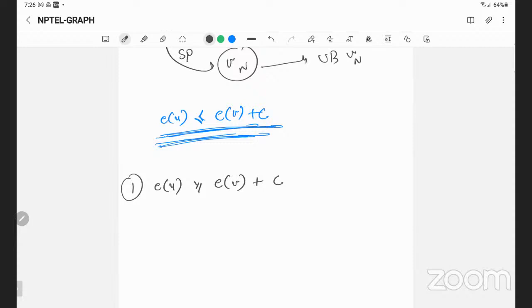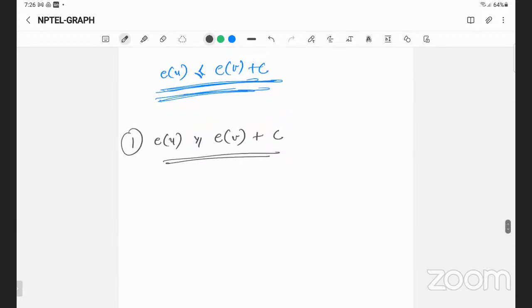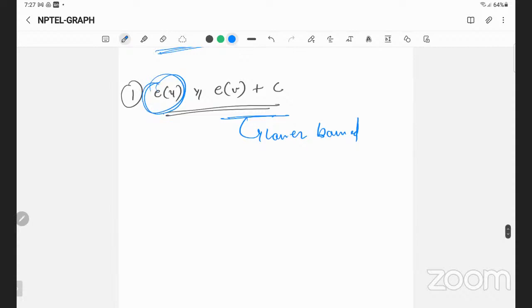So here also we want to make another graph, but here it's a lower bound. If you see, this inequality says the value of EU is always greater than this value. So it gives me a lower bound of EU.